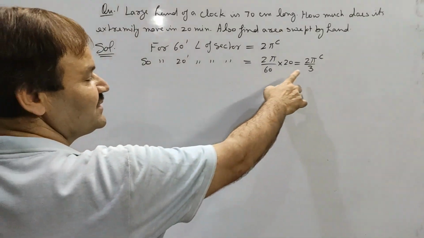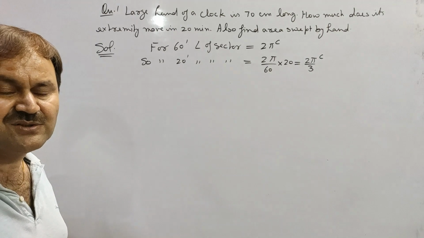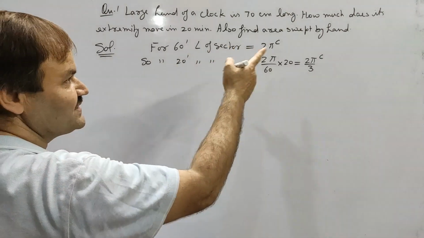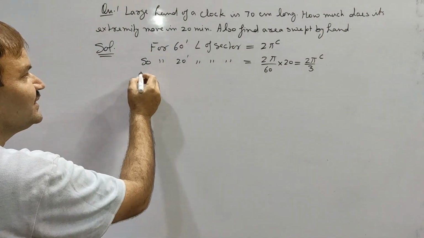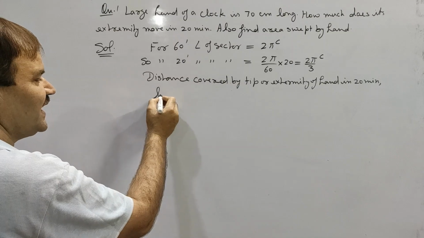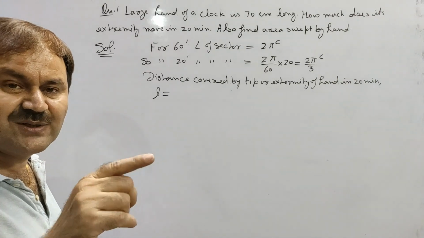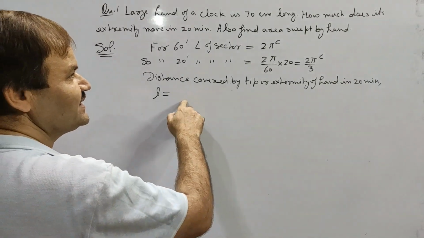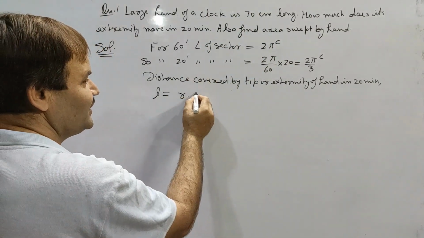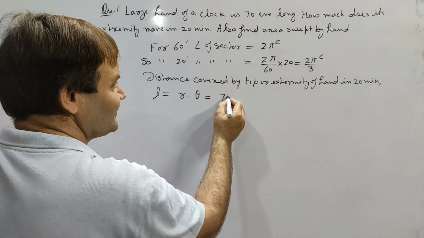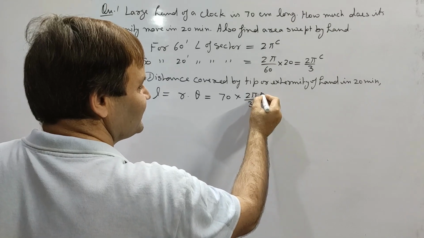Now we got the angle subtended by larger hand in 20 minutes, so we can find out the distance covered by extremity, that is tip of the hand, in 20 minutes. That distance means arc length. Angle is equal to arc upon radius, so arc is equal to angle into radius. Radius will be the length of the hand, so r into theta. R is 70 centimeter and theta is 2 pi by 3 radian.